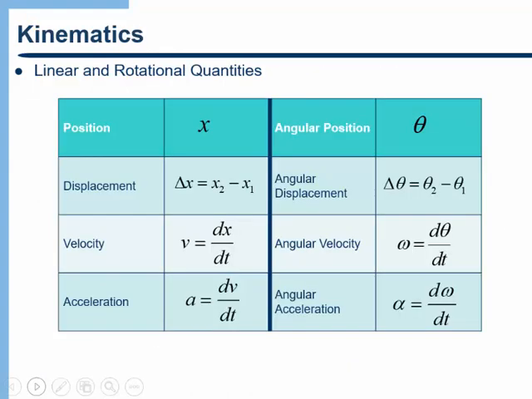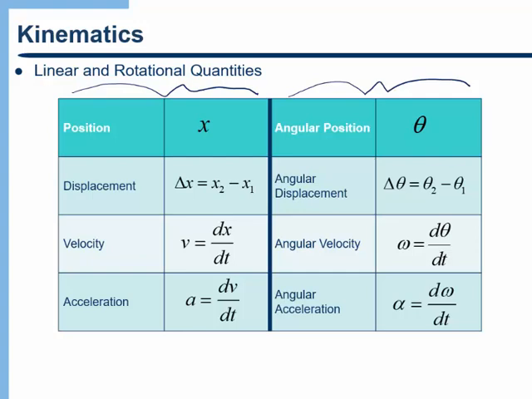Okay, so let's look at where we are in terms of our linear and rotational quantities. At the beginning of this course, we defined our linear quantities: position, displacement, velocity, and acceleration. And now in our last video, we've defined our rotational quantities: angular position, angular displacement, angular velocity, and angular acceleration.